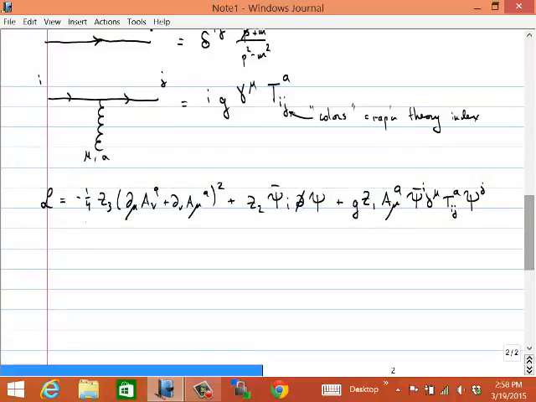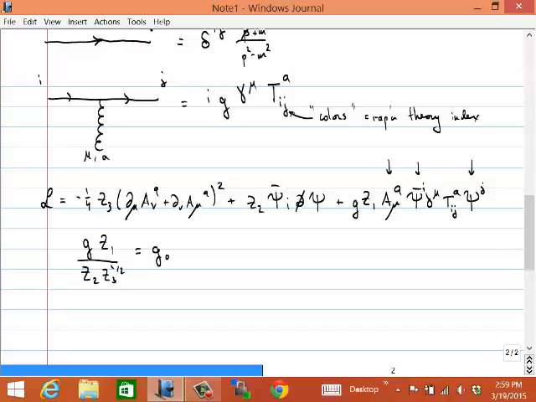The idea is that if you wrote everything in terms of bare couplings, so this term here, G times Z1, is related to a bare coupling that appears in the action when written in terms of bare fields. So G times Z1 divided by some appropriate wave function renormalization factors that reflect the fact that there's one gauge field, so 1 power of the square root of Z3, and 2 fermions, all has to be equal to the bare coupling constant G0.